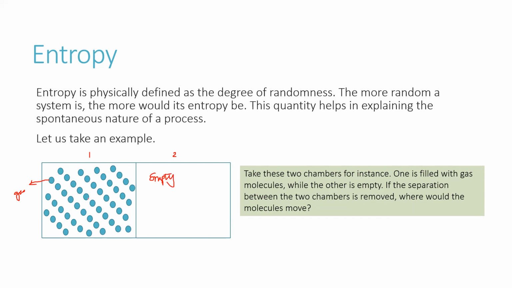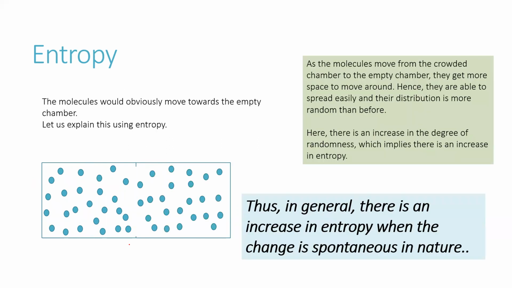If the separation between the two chambers is removed, where would the molecules actually move? We can all answer that these molecules would move towards chamber 2. Now, this is common sense that we have seen actually happens. But how can we explain why it is happening? The molecules would obviously move towards the empty chamber.